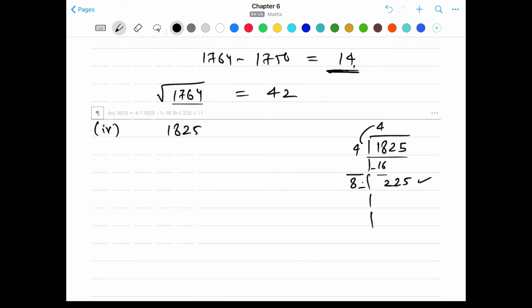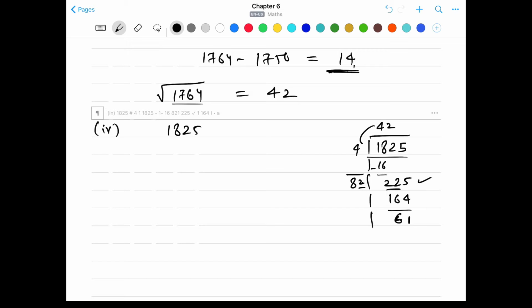So if you take 3, 8 into 3 is 24, but here we have 22, so we'll take 2. 22 into 2 will be 164. After subtracting you will get 1, and 5 minus 4 is 1, and 22 minus 16 will be 6.